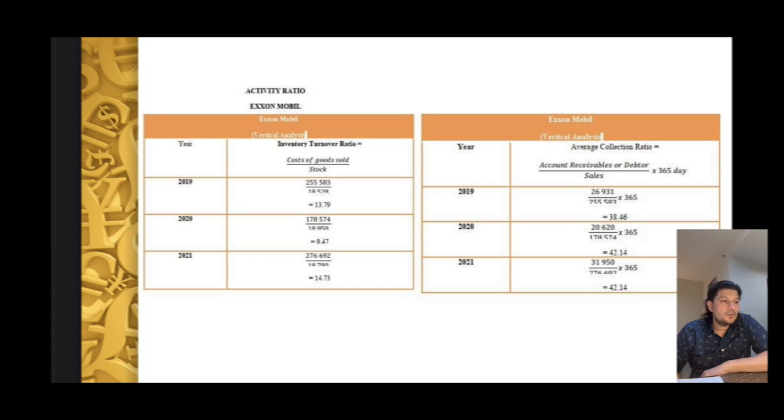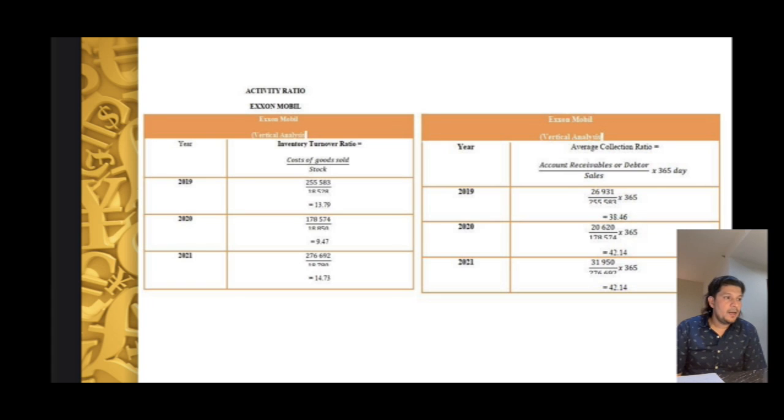For 2020 is 9.47, and for 2021 is 14.73.